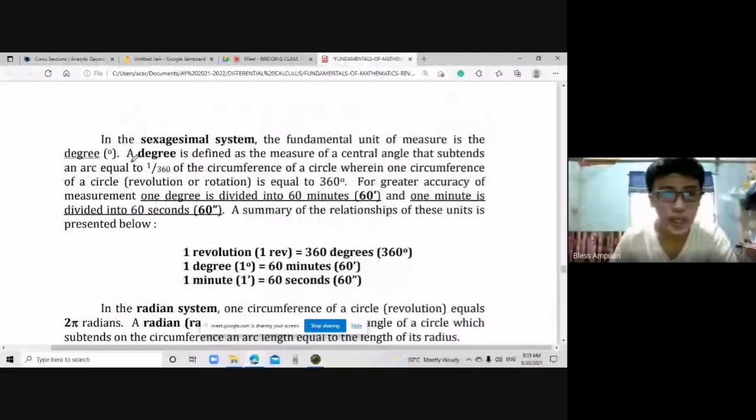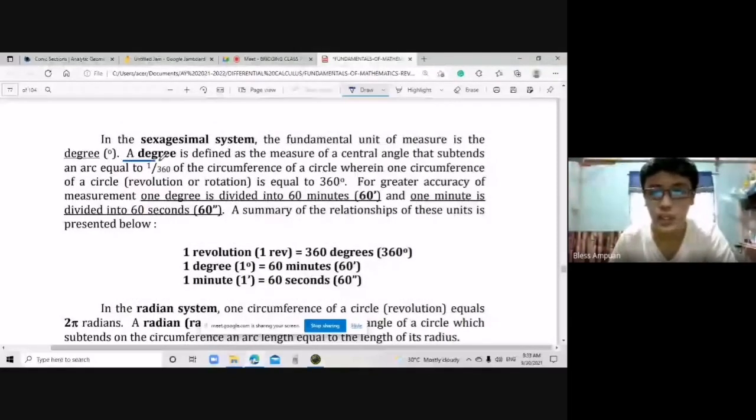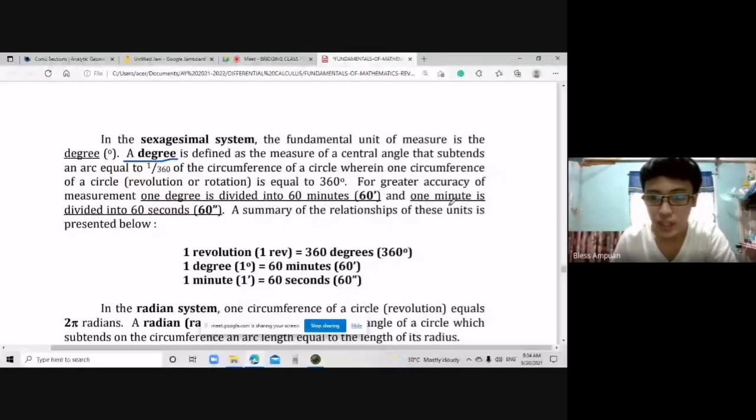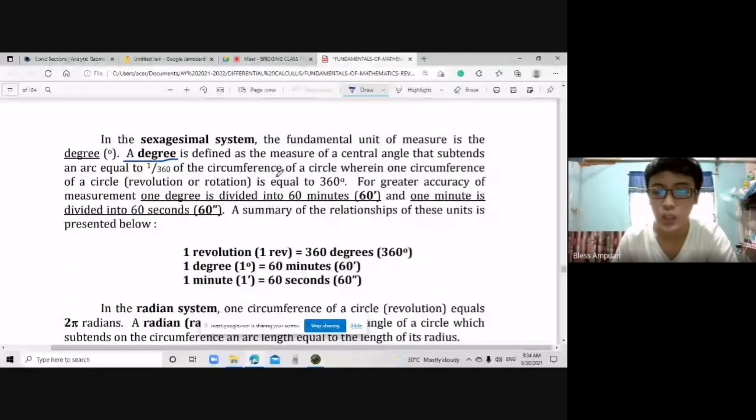A degree is defined as the measure of a central angle that subtends an arc equal to 1 over 360 of the circumference of a circle. So the degree measure of a circle is 360 degrees. It is one revolution, wherein one circumference of a circle is equal to 360 degrees.